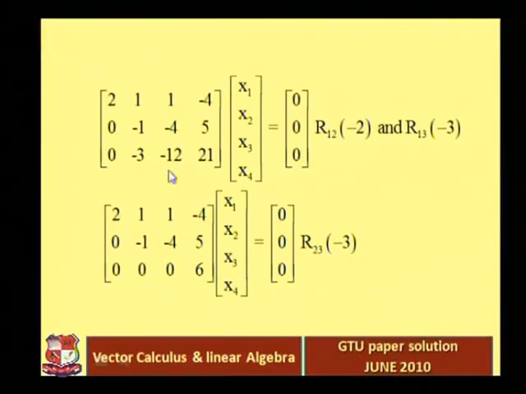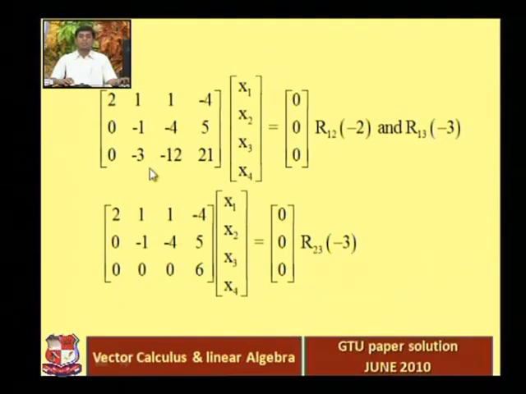Now this is our leading entry, and below that leading entry we have 0. In the second row this is our leading entry, and below that leading entry we want to make 0. So we multiply the second row with minus 3 and add it into the third row.